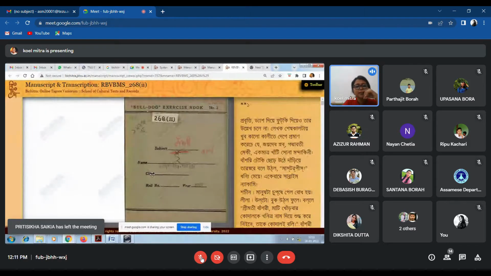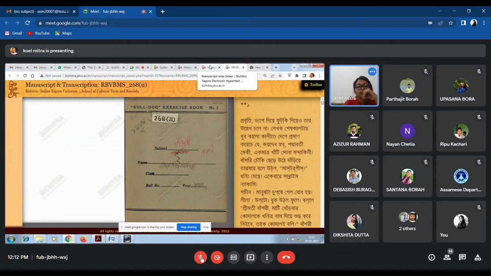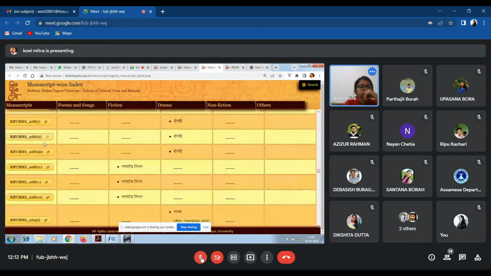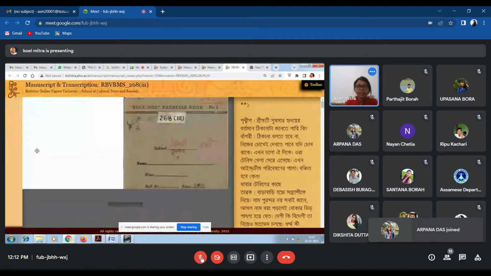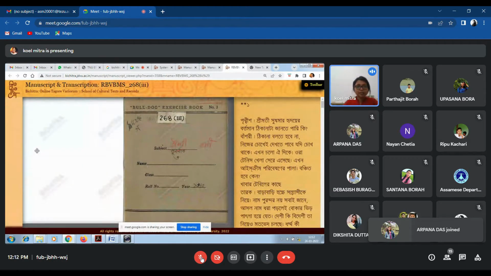This is our 26.8.2. Why? What is the difference between 26.8.1 and 26.8.2? I'll also show you 26.8.3. Anybody has a clue why under the same number we have so many different subdivisions?